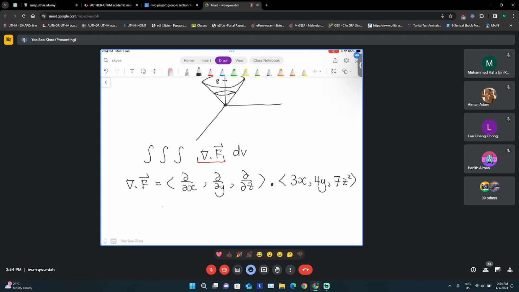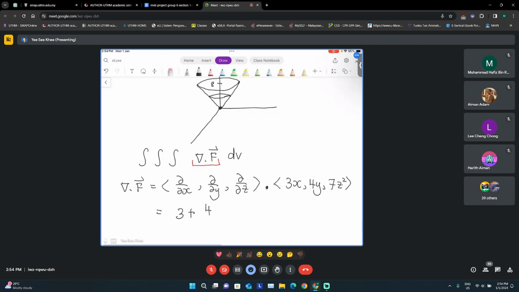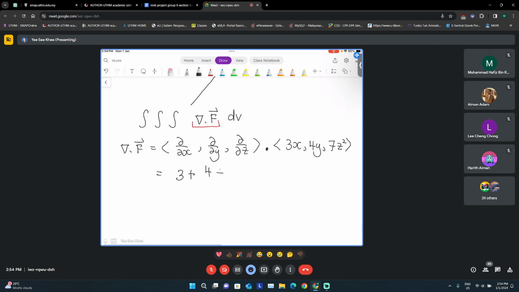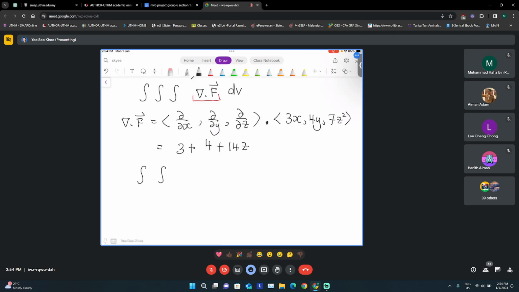Here you get 3 plus 4 plus 14z, so 7 plus 14z.